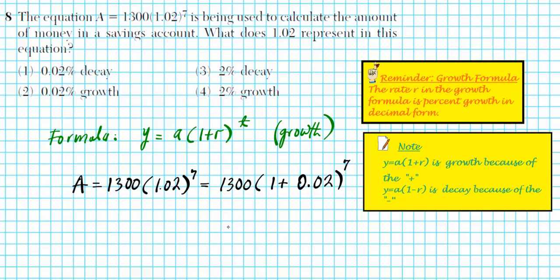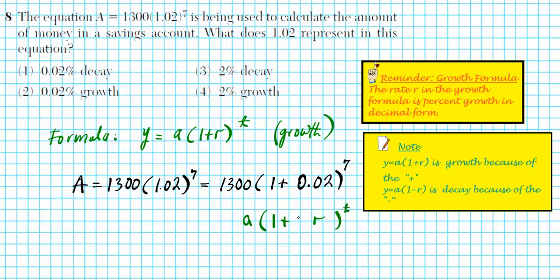Because the formula is a times 1 plus r to the t. Okay, let me reorient this equation. So we have the formula again is a times 1 plus r to the t.